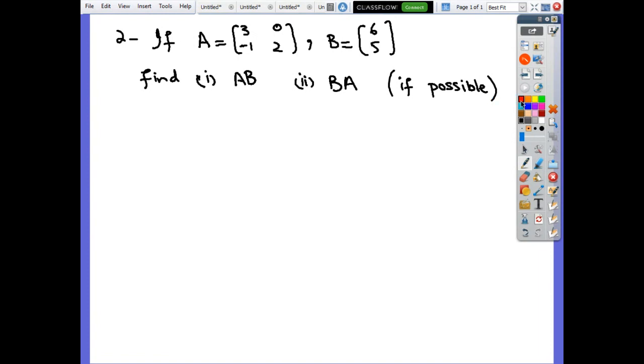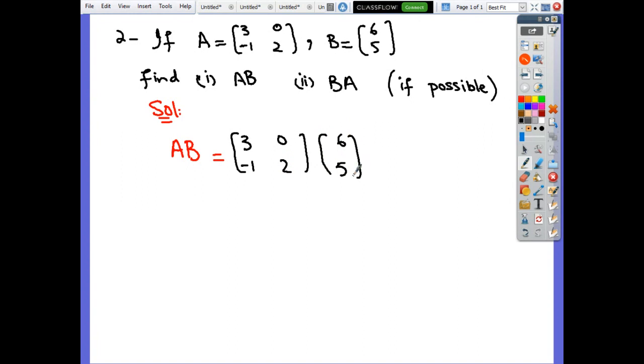The solution is: first of all, we multiply matrix A with matrix B. Matrix A is 3, 0, negative 1, 2. Matrix B is 6 and 5.